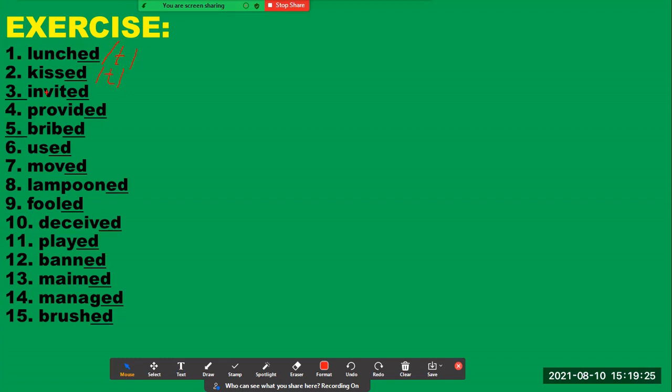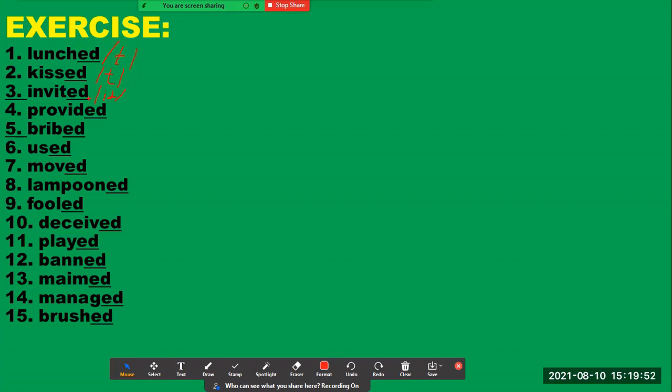Number 3, invited. So what we have here is id. Invited, because we said that when the ed past tense morpheme comes after the sound of T or D, then it is pronounced id.